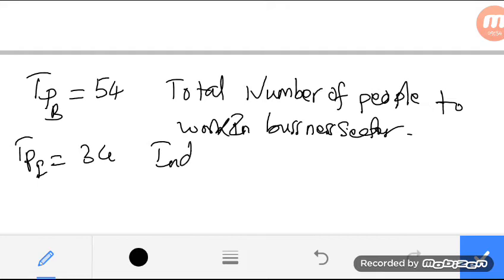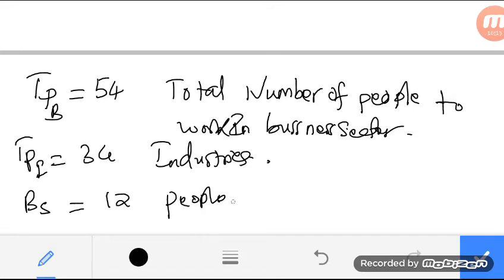These are industry guys. And 12 people will work in both sectors. Yes, we have 12 people in both sectors. These people are in both sectors.